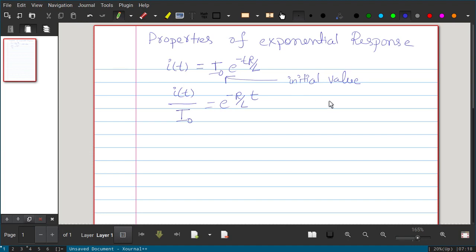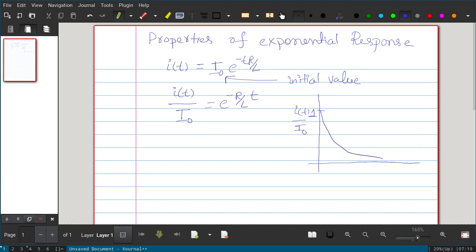If you plot this, the value I of t by I naught has a maximum of 1 at t equal to 0, and exponentially it is decaying.